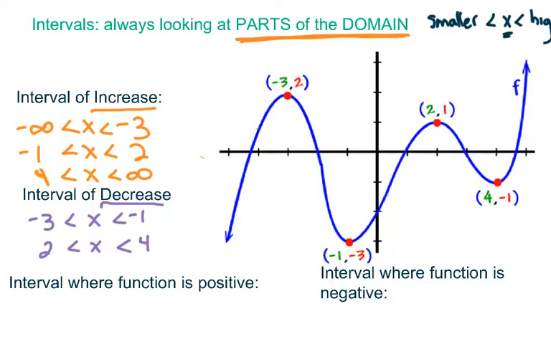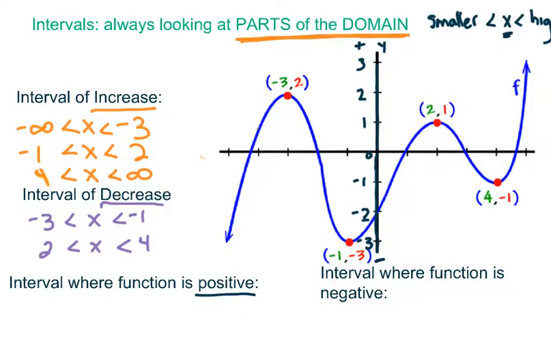Now, where the function is positive is a little bit different, okay? This is 0 on the y-axis, 1, 2, 3, and -1, -2, -3. Now, the function is referring to the y values. These y values are positive. These y values are negative.